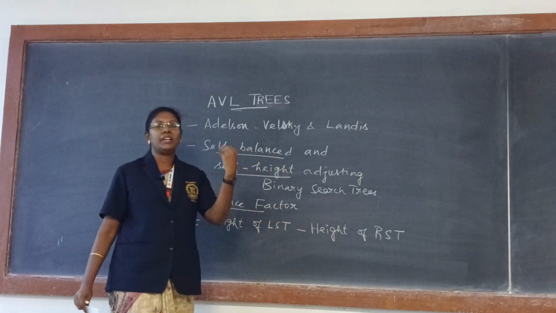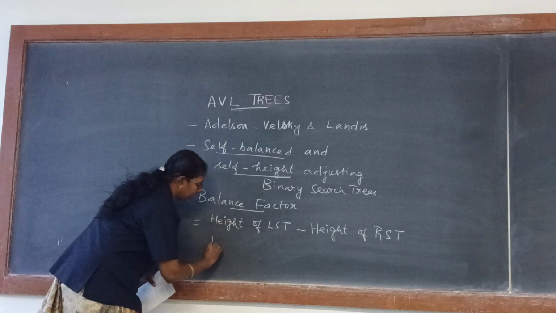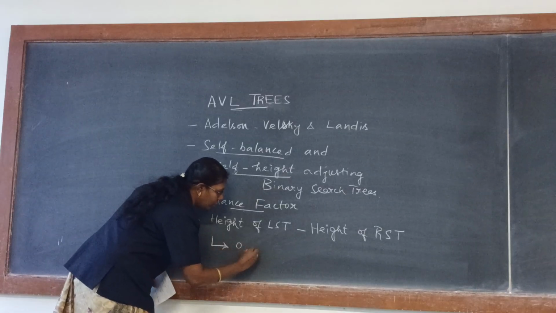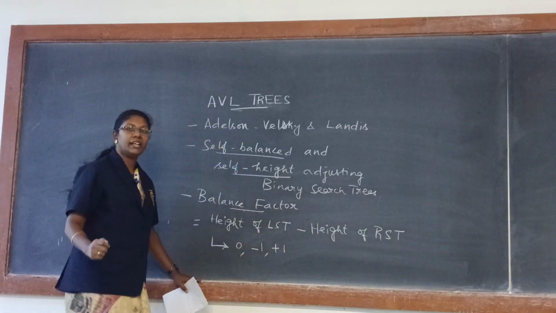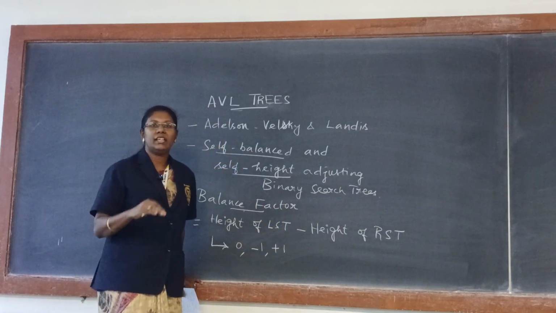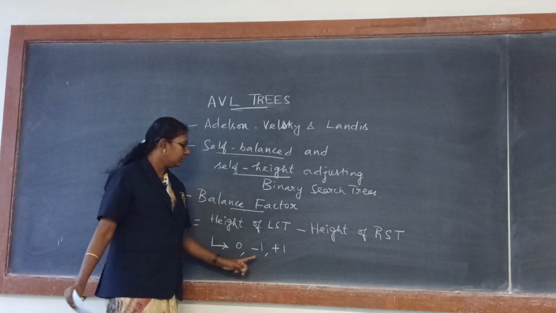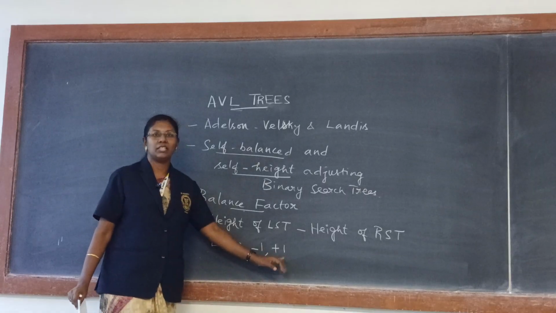After calculating this formula, we will get a value of 0, minus 1 or plus 1. So the node present in the AVL tree contains either 0, minus 1 or plus 1 only.